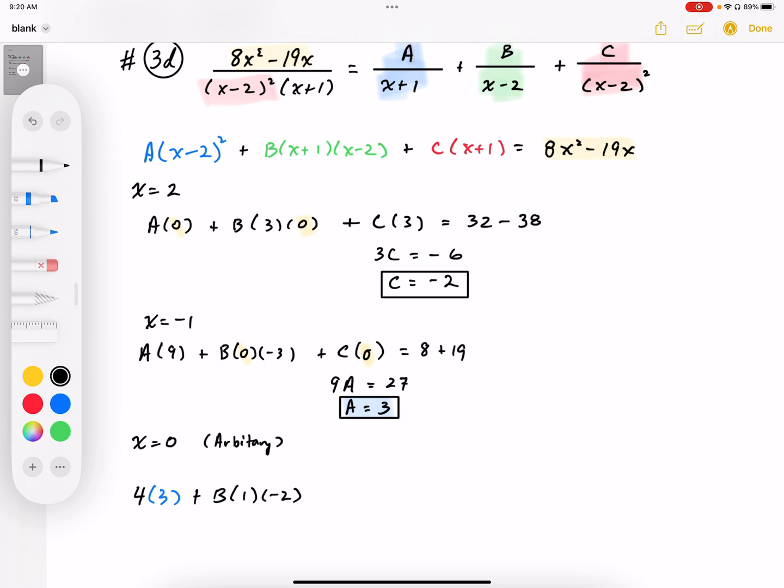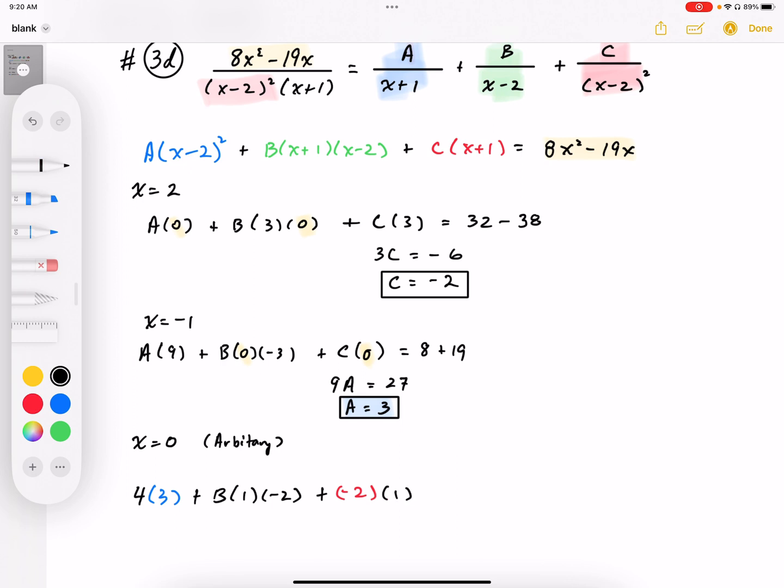I still don't know what b is, plus c. Well, I do know what c is. I know that c is equal to negative 2. So I'm going to do negative 2 for c, and then plug in x is 0, and I get 1.